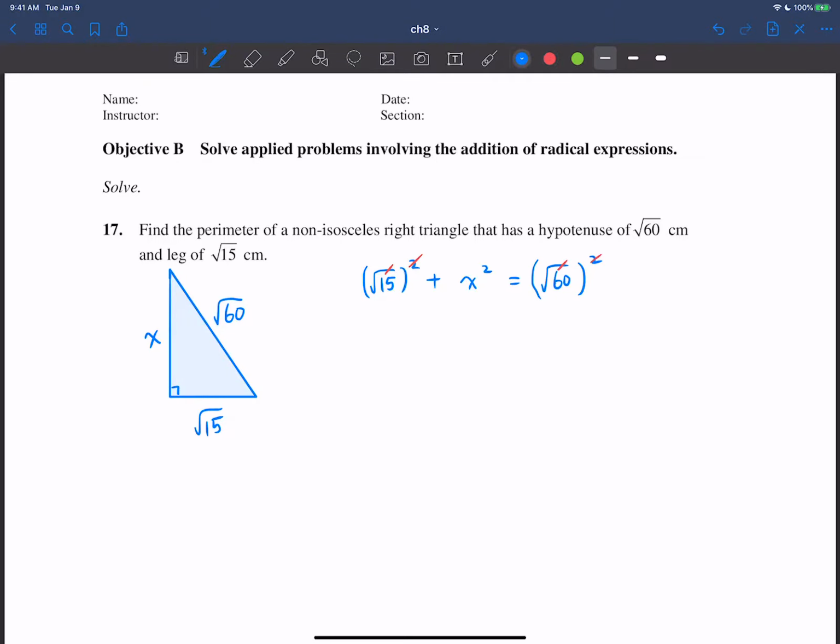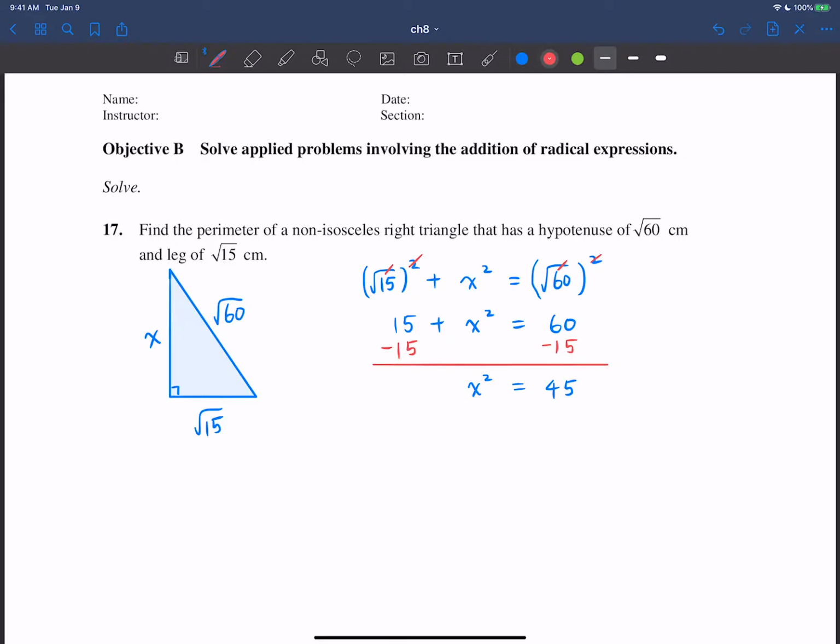So we have 15 plus x squared equals 60. Inverse operation, we're going to isolate x squared. So subtract 15 from both sides.